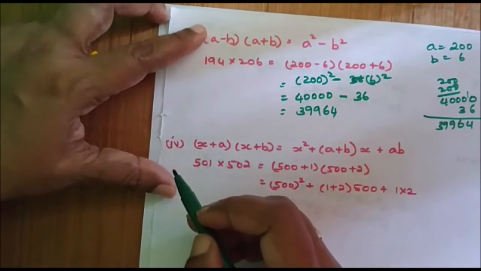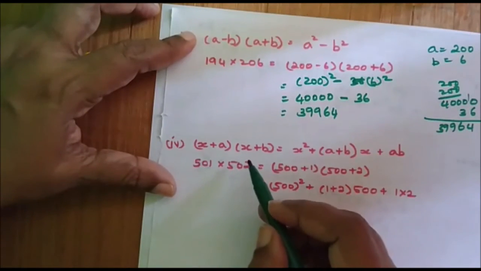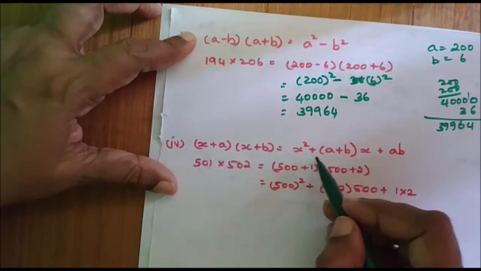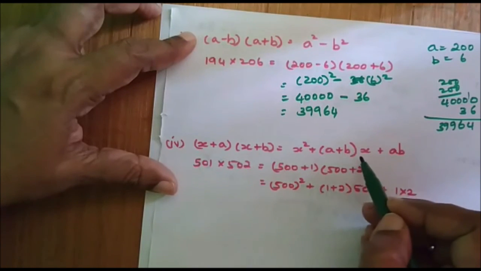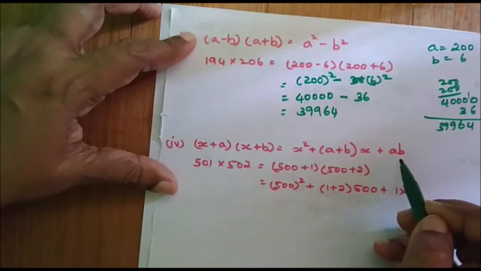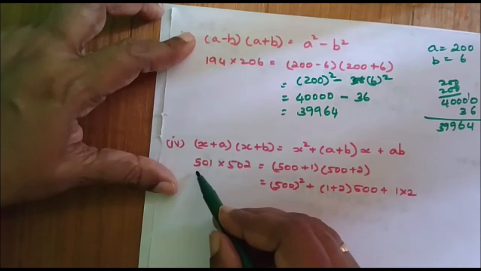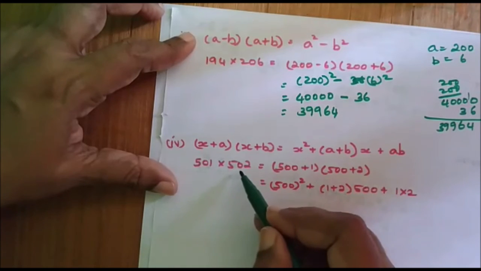Now the last identity is x plus a into x plus b equals x squared plus a plus b the whole times x plus ab. Okay. Now let us write this sum 501 into 502.